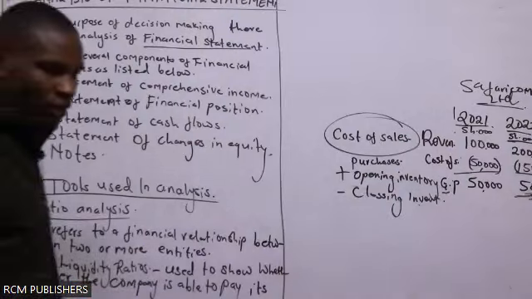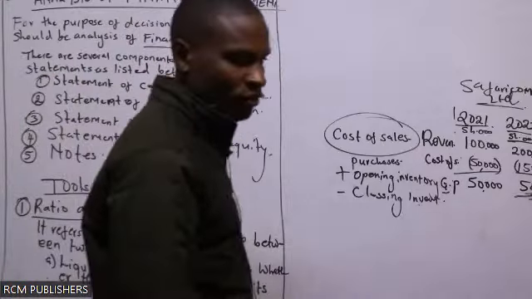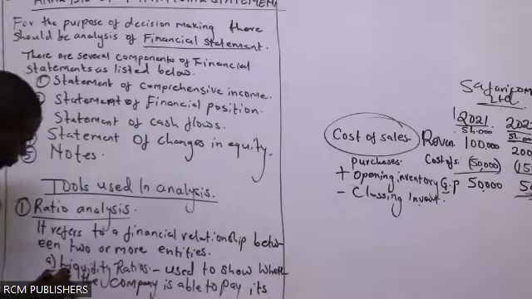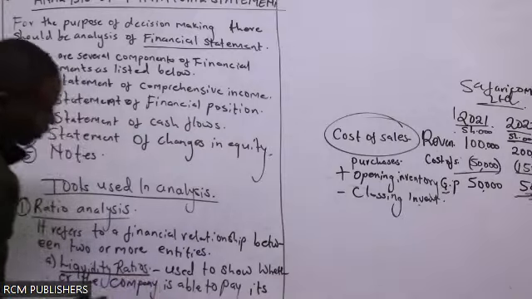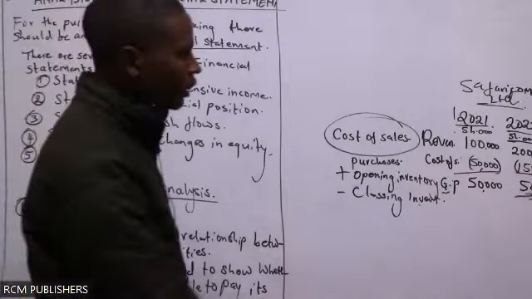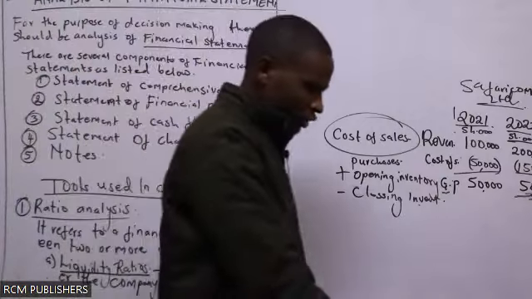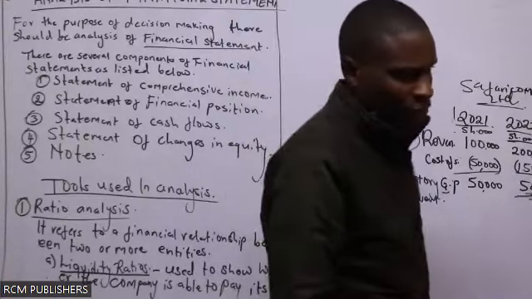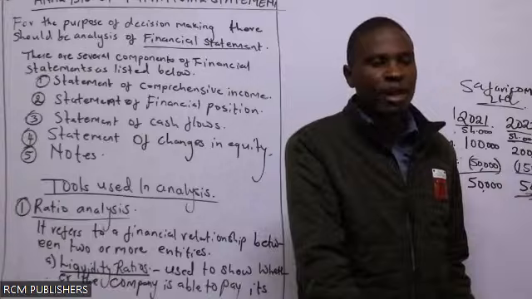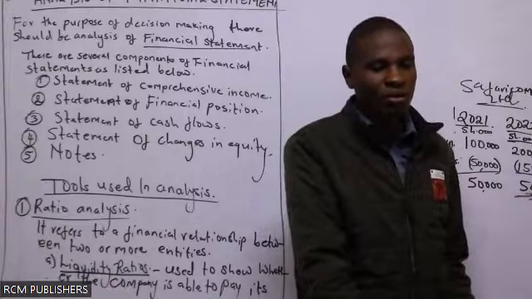Okay, this is Grace. Thank you very much. So when you hear of a liquidity ratio, this will help you to determine whether that company is able to pay its short-term debt. Short-term debts are payable within a period of how long?